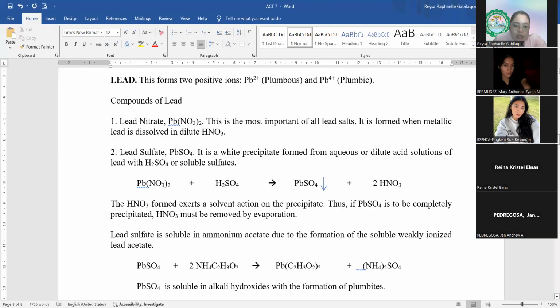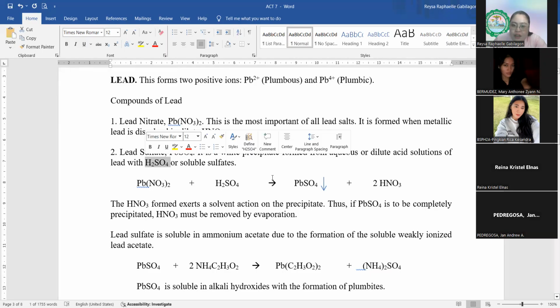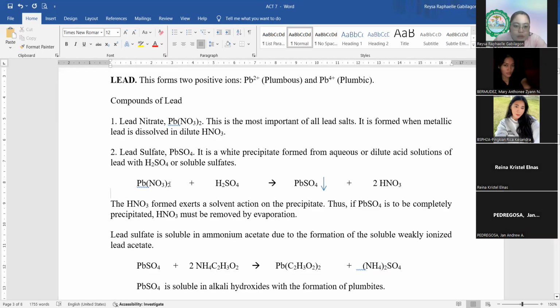Anyway, other compounds of lead, we have lead sulfate. It's a white precipitate and it forms if aqueous or dilute acid solutions of lead is reacted with sulfuric acid. H2SO4 is sulfuric acid. So this is the equation to form the lead sulfate. Lead nitrate, reacted with the sulfuric acid.